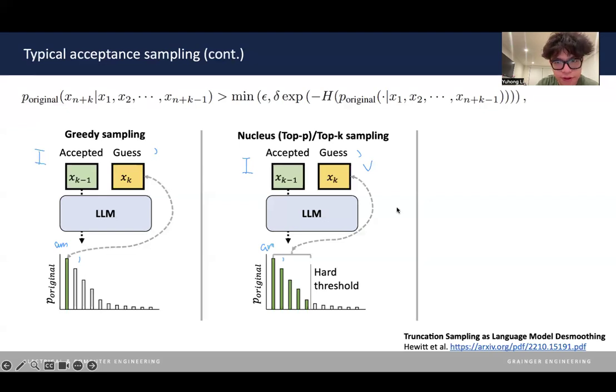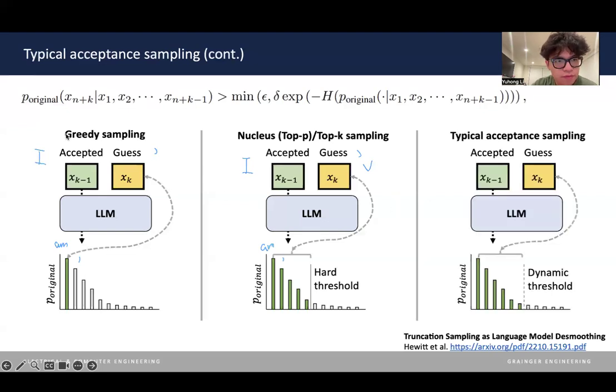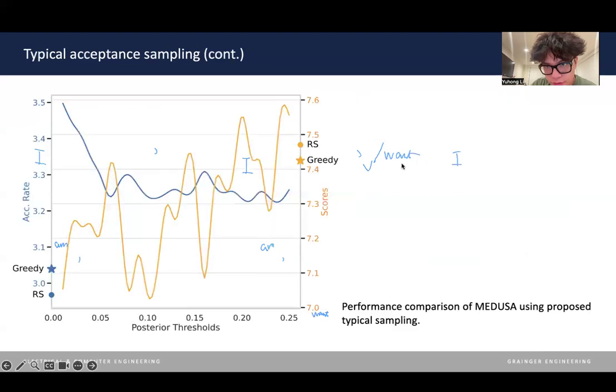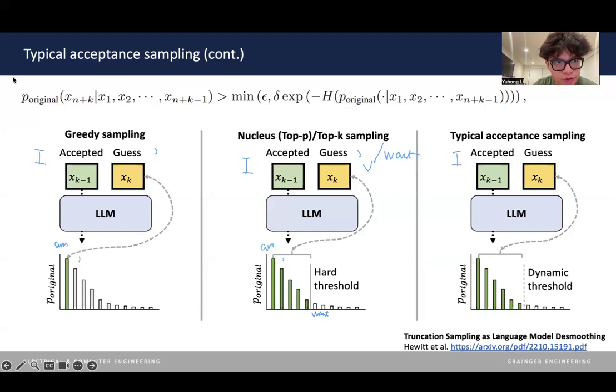Okay, go to next. And for example, if the guess is want, and want is somewhere here, want will also be rejected. This will be rejected, and this will be accepted.